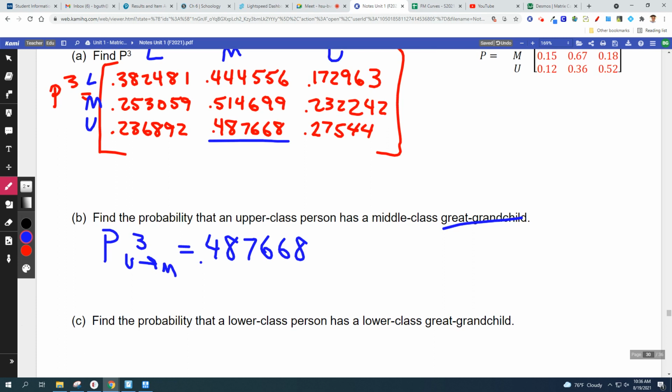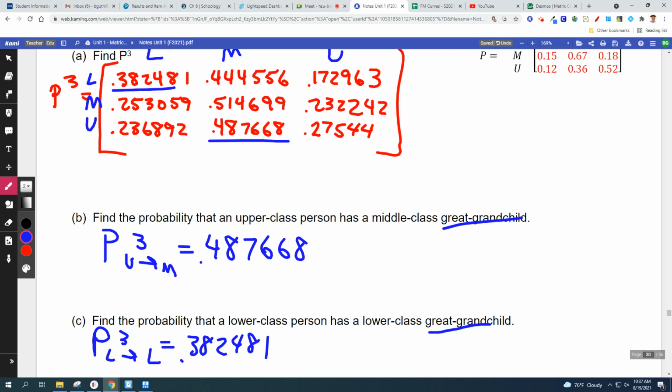Part C says find the probability a lower class person has a lower class great-grandchild. So again, you got to pay attention to this so you know which matrix to look at. Great-grandchild is 3 transitions. We're going probability of lower to lower in 3 transitions. Well, lower to lower is right there. 0.382481.